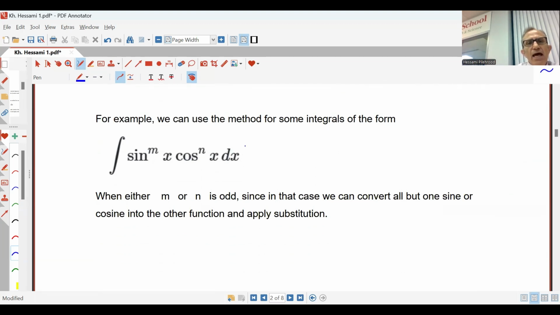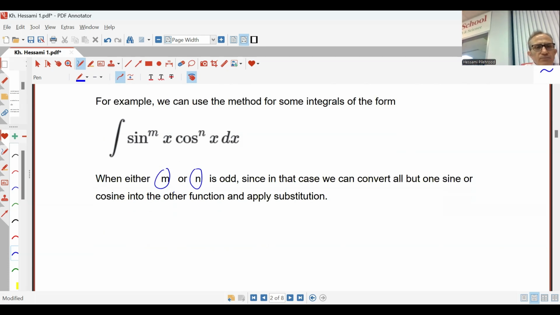When either m or n is odd, we can convert all but one sine or cosine into the other function and apply the substitution.